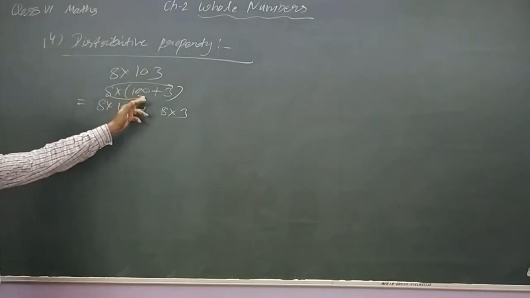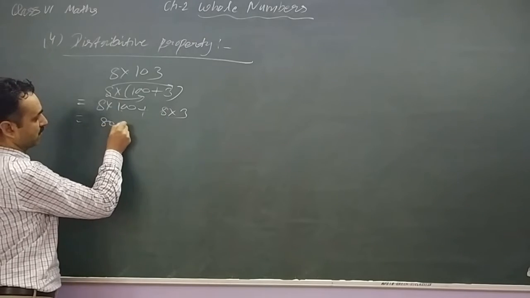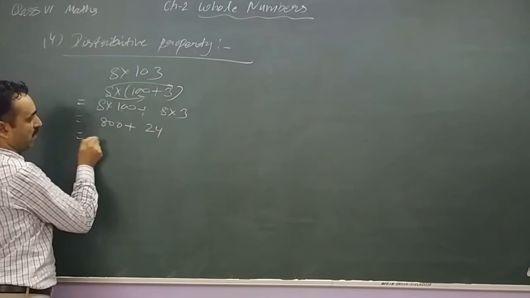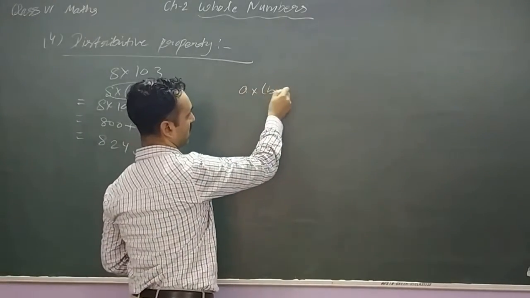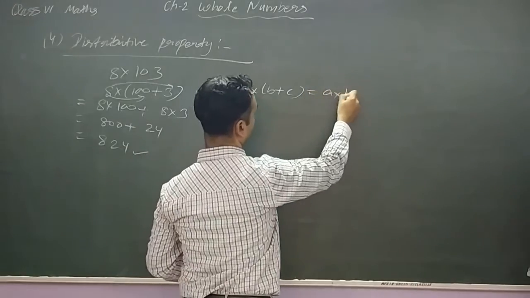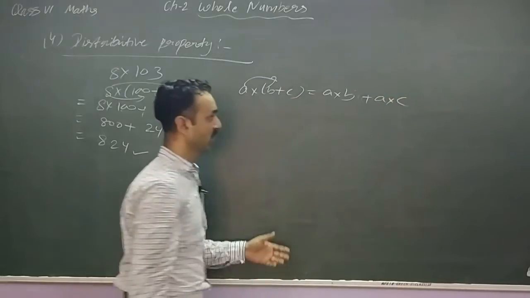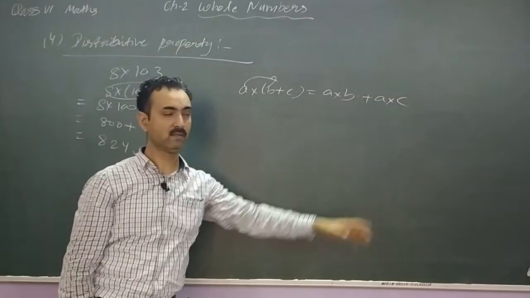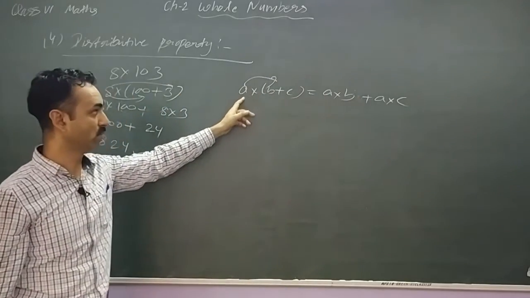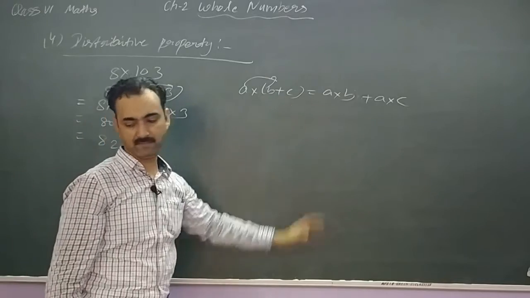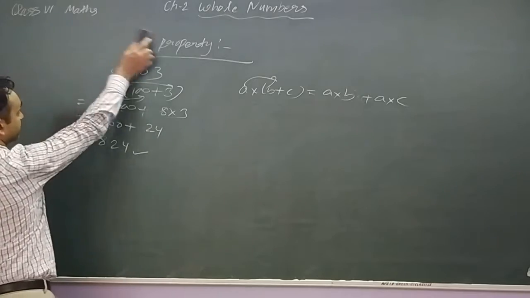So 8 is distributed among the two numbers. So 8 into 100 is 800, plus 8 into 3 is 24, and this is 824. So what is the formula? A into (B plus C) is equal to A into B plus A into C. So this is the general formula for the distributive property of multiplication over addition. We can use this concept to make our calculation easy.